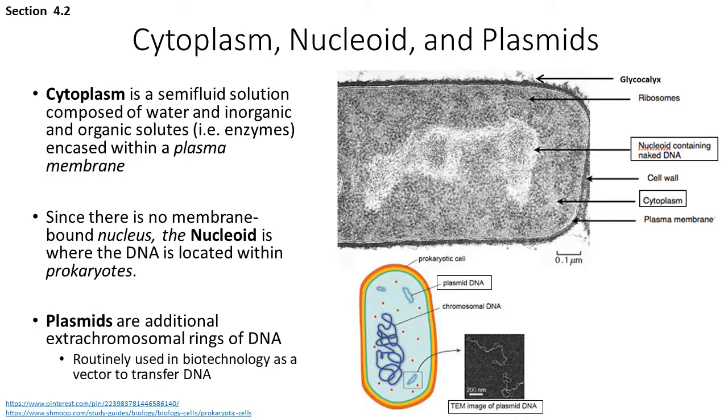The cytoplasm is a semi-fluid solution composed of water and inorganic and organic solutes encased within a plasma membrane. Since there is no membrane-bound nucleus, the nucleoid within a cell is where the DNA is located within prokaryotic cells.